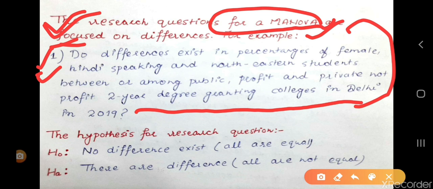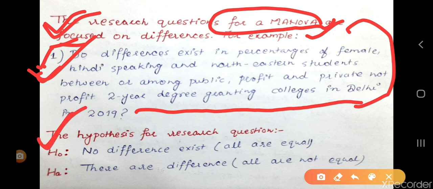So here the dependent and independent variables are both three: three dependent and three independent variables. So this is an example of multivariate analysis of variance. How will we form the hypothesis for this question?